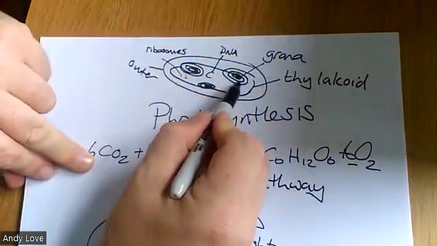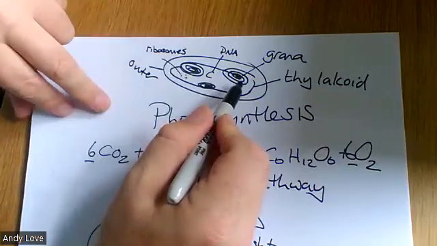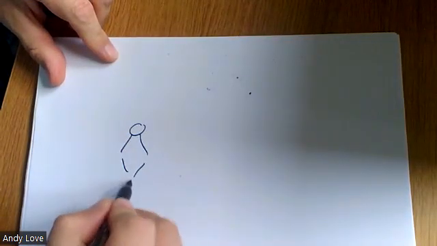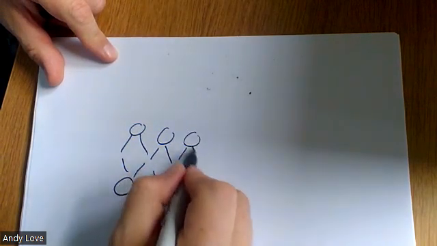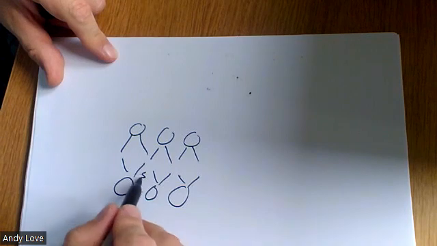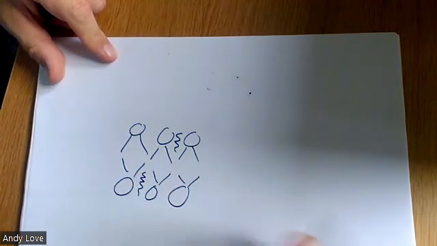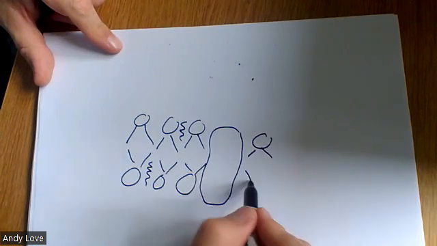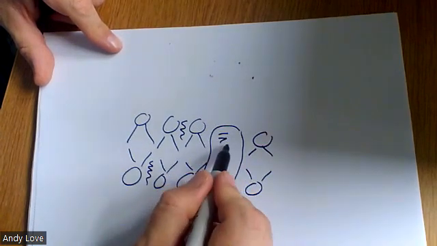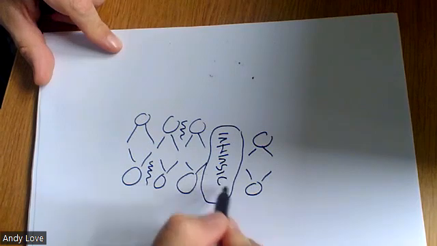Okay, let's start with the light-dependent reaction. We're going to look really close up at this membrane. As you know, a membrane has a phospholipid bilayer, with a little bit of stability from cholesterol. Then you've got these chunky proteins that stretch all the way across, called intrinsic proteins.